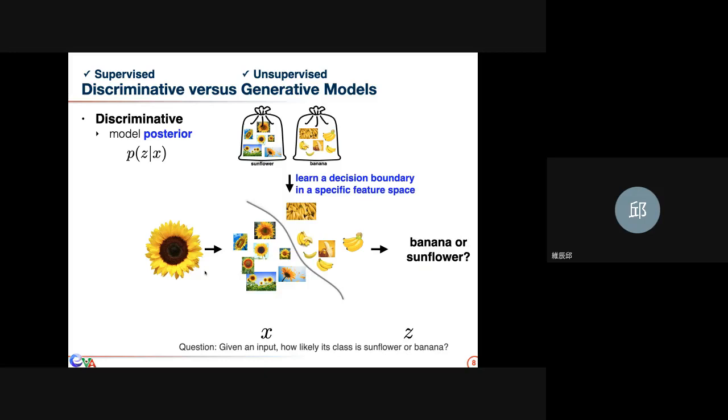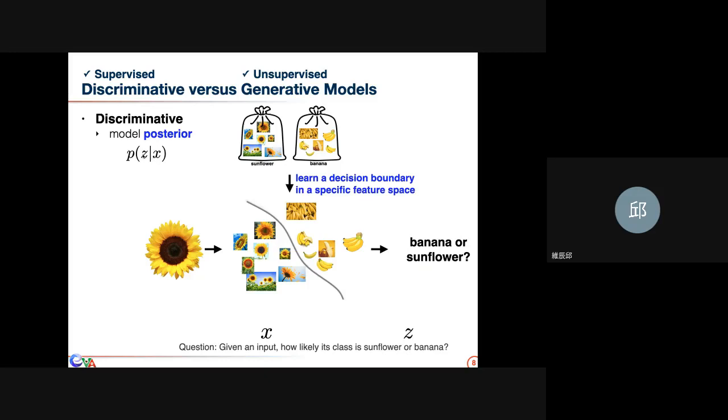A typical example comes from classification, where you want to predict the class of an input data. So for example, you have an input data X, and you want to predict how likely this input data X belongs to a certain category.